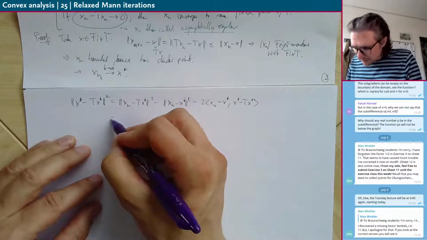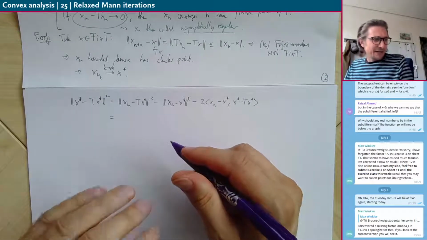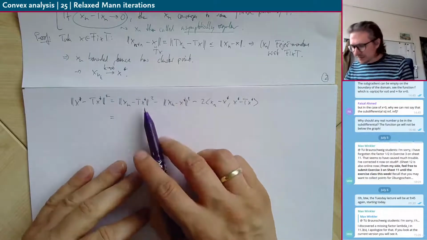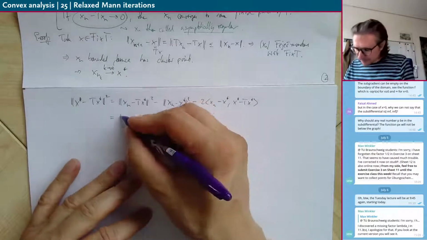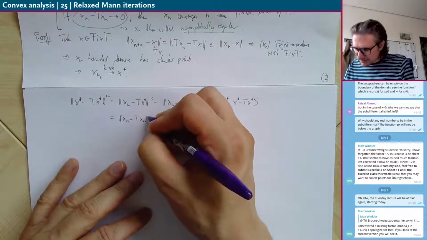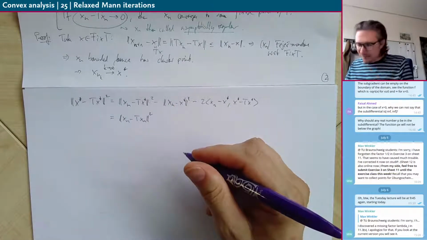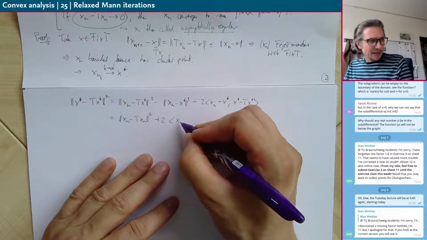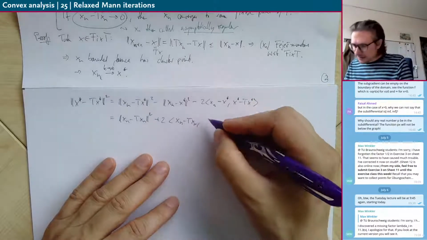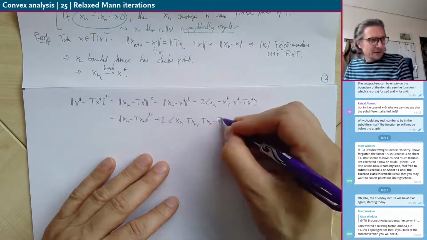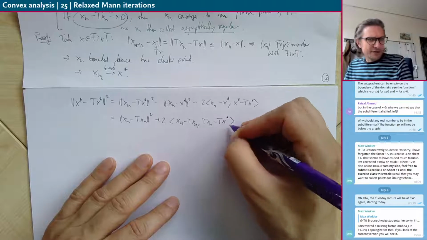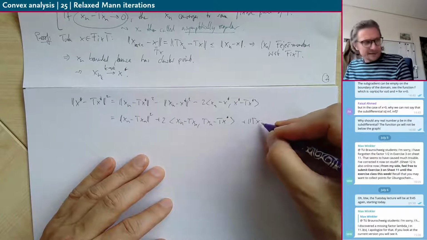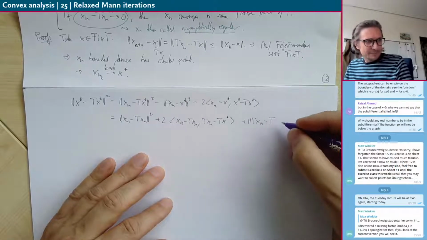Okay, so we rearrange a little further, still not estimating anything. We introduce here in this term T of x_n. So x_n minus T of x_n. By adding and subtracting it, we get an additional plus 2 times the inner product of x_n minus T of x_n and T of x_n minus T of x star, or there's some more rearrangement going on, let me check afterwards. Then there's plus the norm of T of x_n minus T of x star, squared.